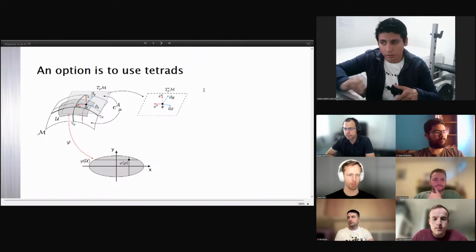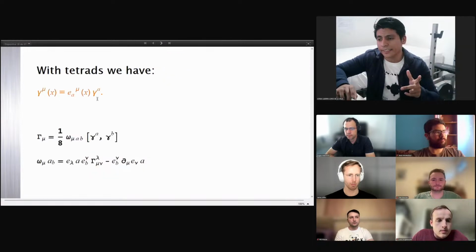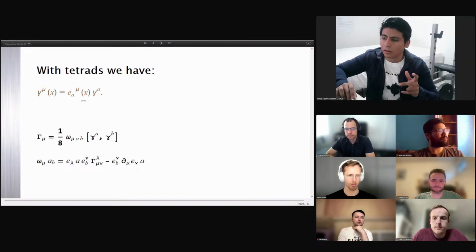In particular, orthonormal frames allow us to get a solution for my gamma matrices with coordinate dependence, like a linear combination of my constant gamma matrices with my tetrads here. The dependence on the coordinates is now in the tetrads, not in the gamma matrices.